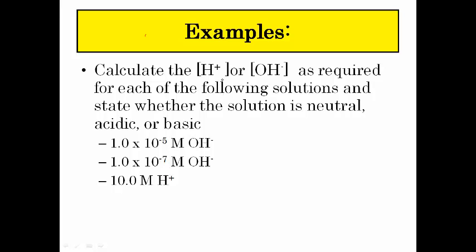And so we have our equation that Kw is equal to the concentration of H plus times OH minus. And we know that Kw is 1.0 times 10 to the negative 14th.